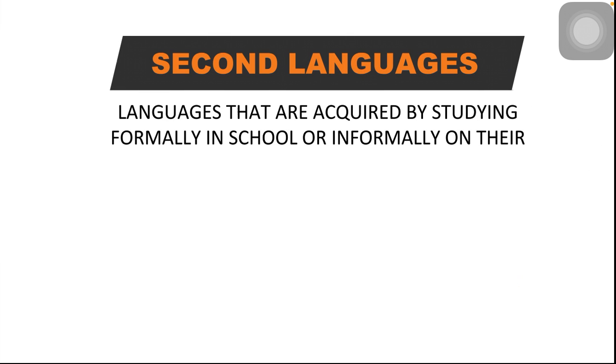Next is second languages. Second languages are the languages that are acquired by studying formally in school or informally on their own. So yung mga languages that you acquired in school, for example, here in the Philippines, our second language is English. Yung language na natutunan natin sa school or informally on our own, for example, is Korean because we love K-drama.